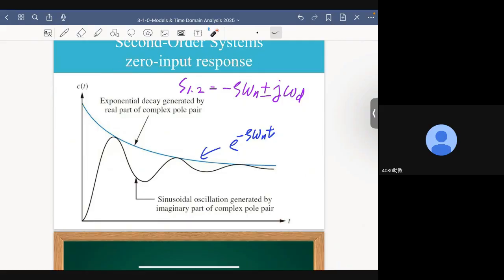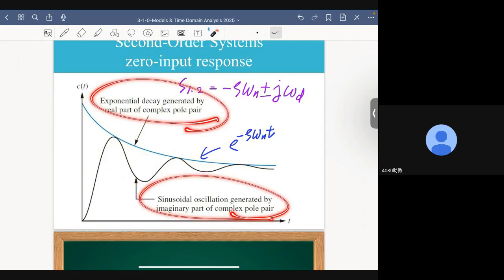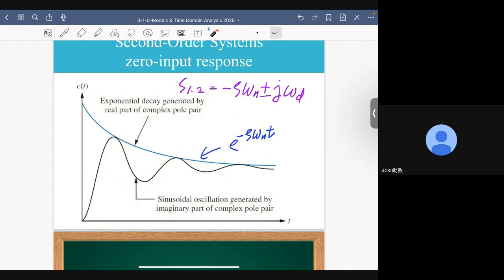So the impacts of the location of the poles on the zero input response can be illustrated by these two very nice statements.